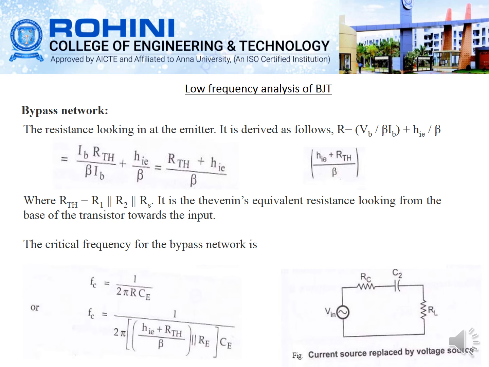This is the Thevenin equivalent resistance looking into the base of the transistor through the input. For the bypass network, FC is equal to 1 divided by 2 pi into R into C. The value of R is hie plus RTH divided by beta, parallel to RE. Substituting, this FC becomes 1 divided by 2 pi into hie plus RTH divided by beta parallel to RE into CE.